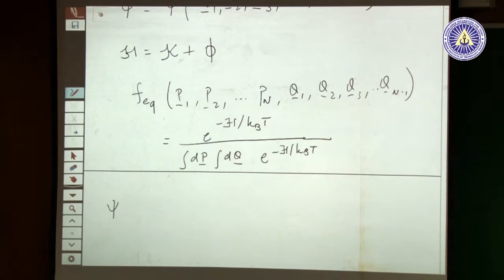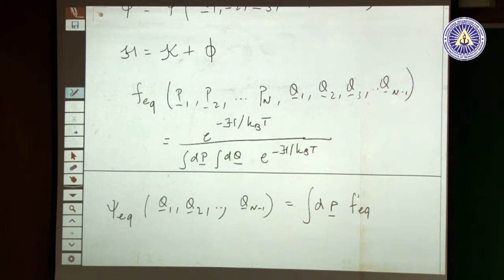Now, for us we are not so interested in the momenta, and I will describe why later on, but we can define the equilibrium distribution function that only depends on q1, q2 all the way to q(n minus 1) as integrating out all the momenta dependence from this, right.